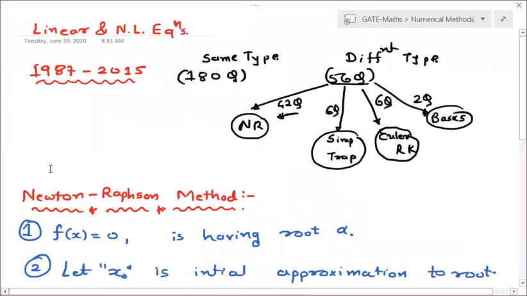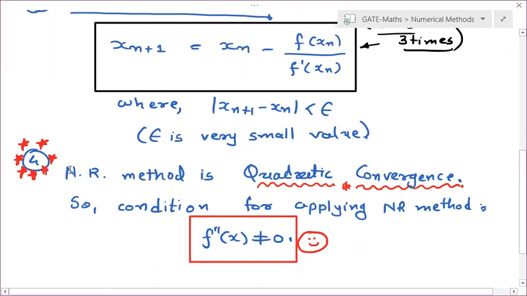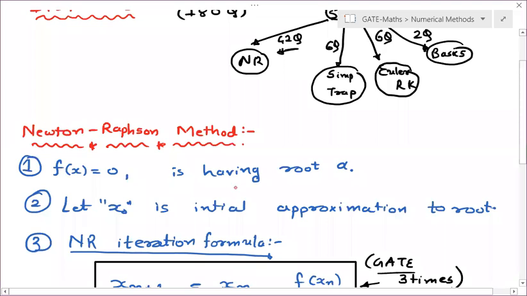Is it clear? Right. So it is 8:58 already, and its another name is the tangent method. When you see its graph, it is all based on tangents.